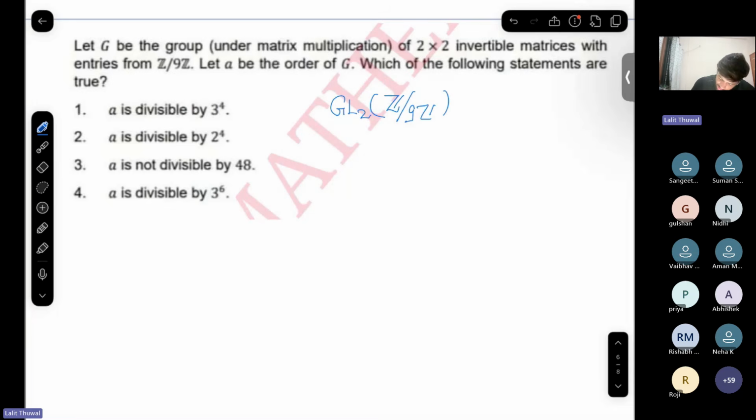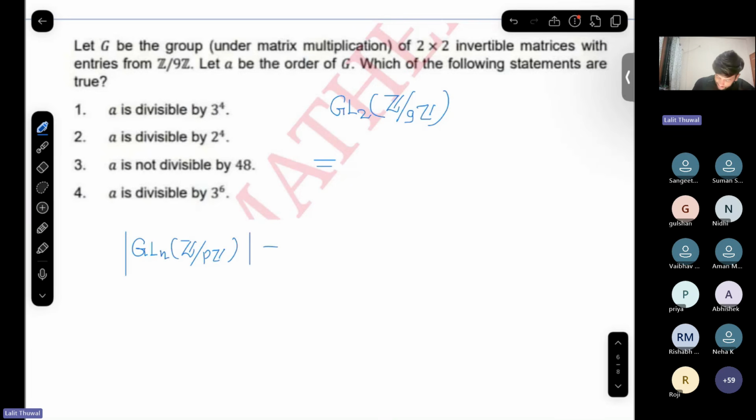Students usually make a mistake. You have read about the order of this one, GL_n of Z modulo pZ. Everyone knows its order, right?